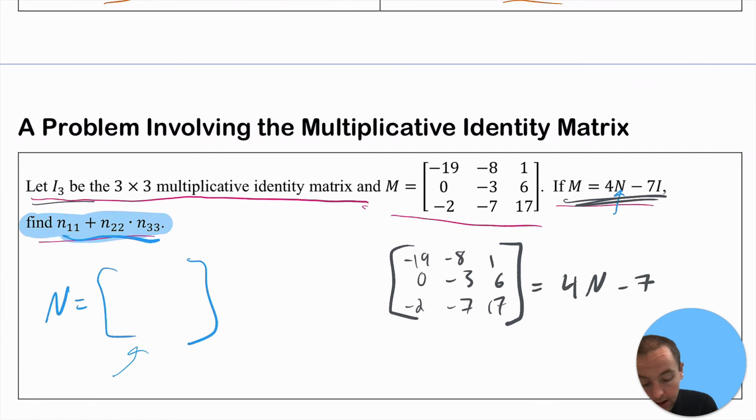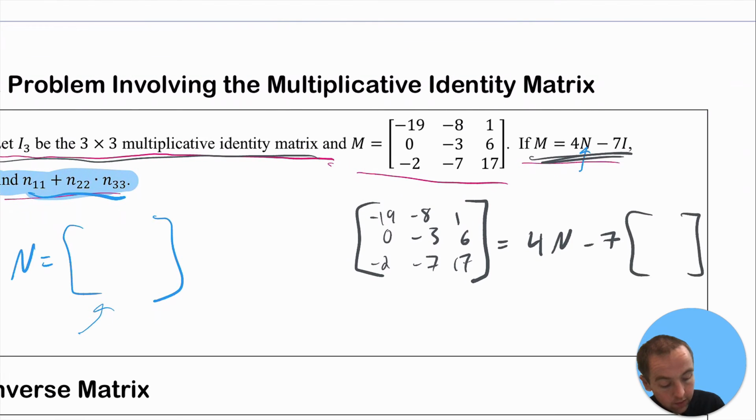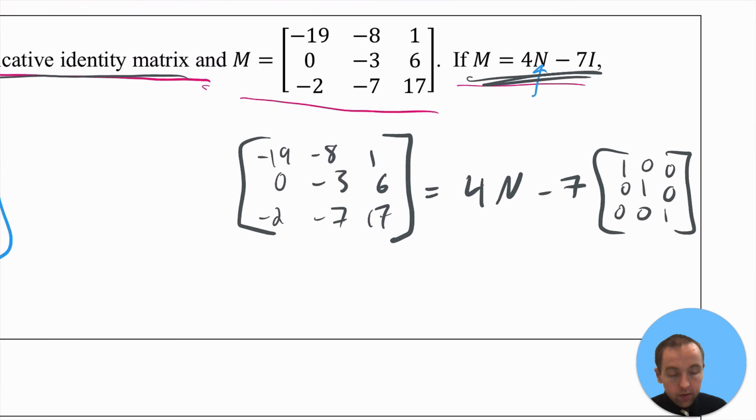It does say that I is the multiplicative identity matrix, so you have to know that that has to be 1, 1, 1, and 0, 0, 0, 0, 0, 0 to be the 3 by 3 identity matrix. So now it's a matter of solving for the matrix N, so we can get the numbers that we need from N, of course, right? The -7 is going to multiply to all of the numbers inside of that matrix, which when it multiplies with the 1s will turn to -7, and when it multiplies to the 0s will remain 0s.